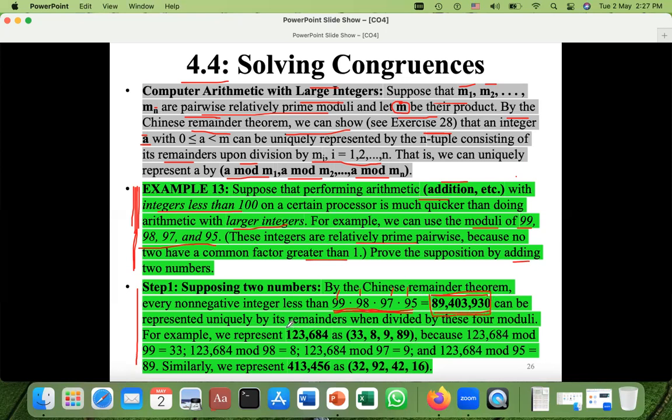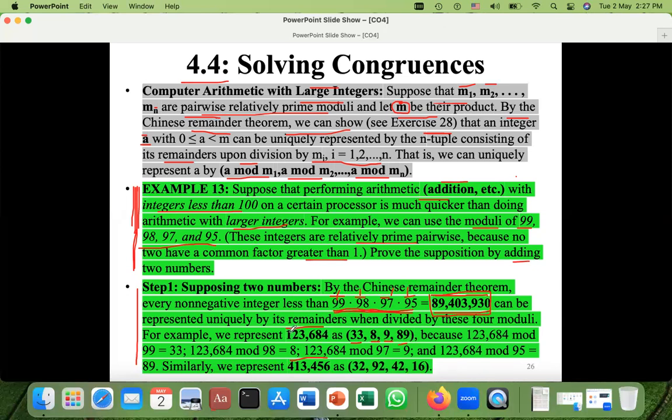So we are taking this number randomly, 1, 2, 3, 6, 84, and another number randomly. These are the two numbers. You can divide 1, 2, 3, 6, 84 with 99, and this is the remainder. You can divide with 98, and this is the remainder. With 97, and this is the remainder. With 95, and this is the remainder.